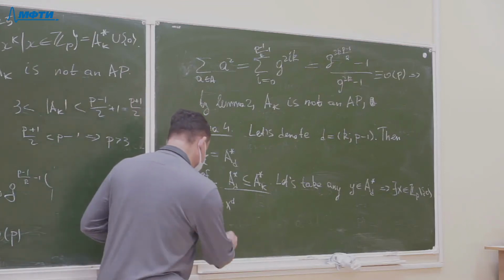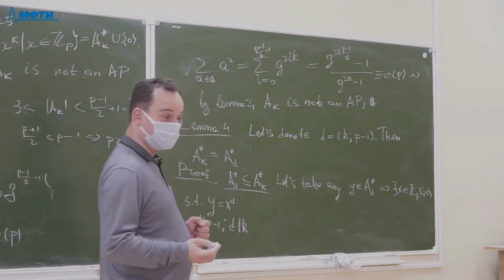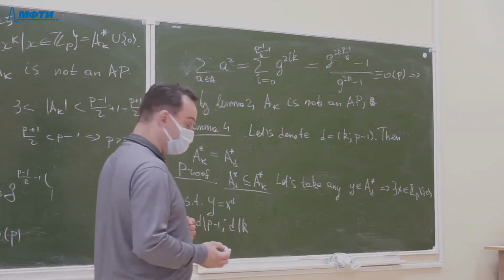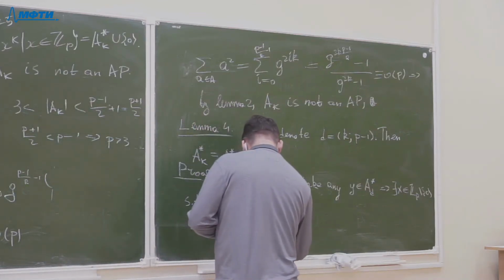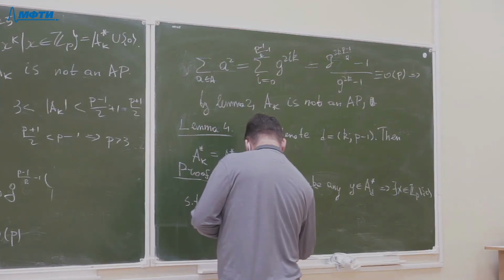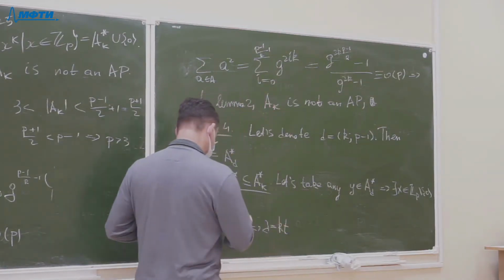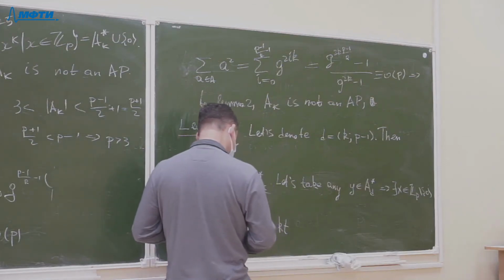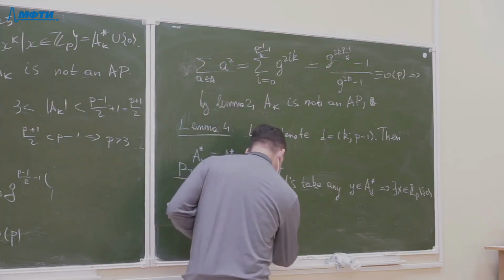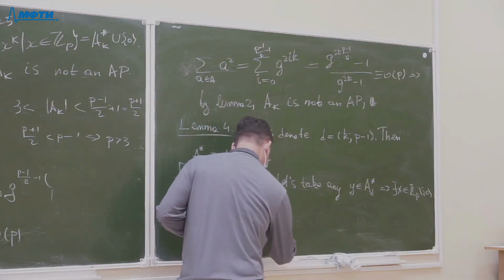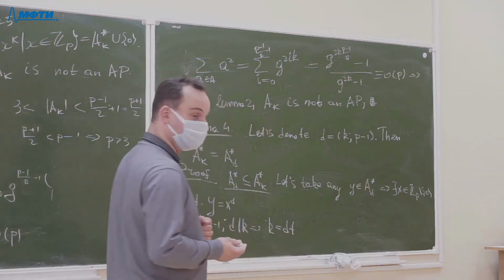And also D is a divisor of K, because it's the greatest common divisor. Right. So D is a divisor of K, so K is D times t.